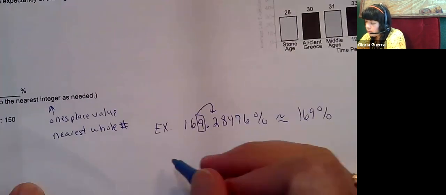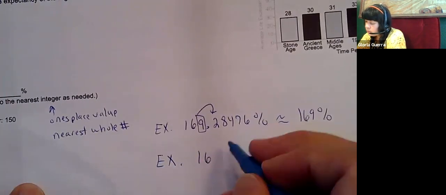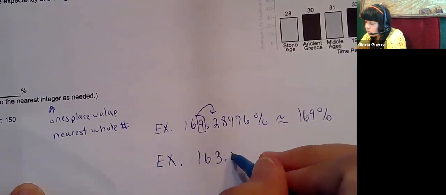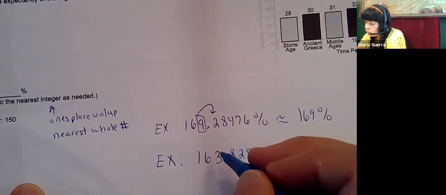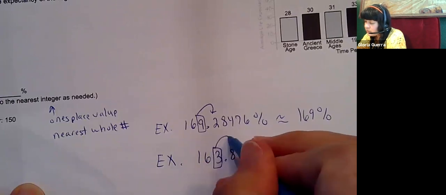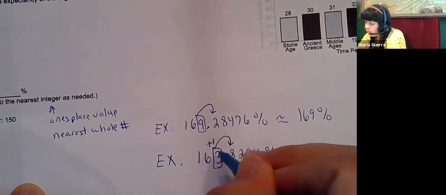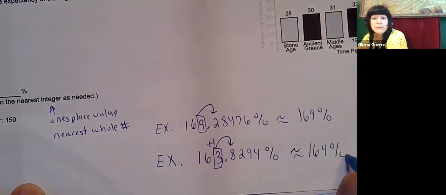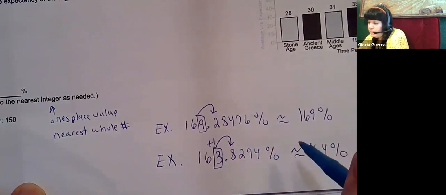Or what if you had 163.8294%, and you're rounding to the nearest ones place? This is the ones place, or the nearest whole. You look at the right. Is that neighbor 5 or more? Yes, it is. So you add 1 to that. So now that's 164%. See that? So that's nearest integer.